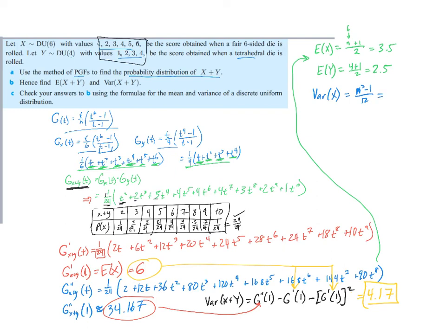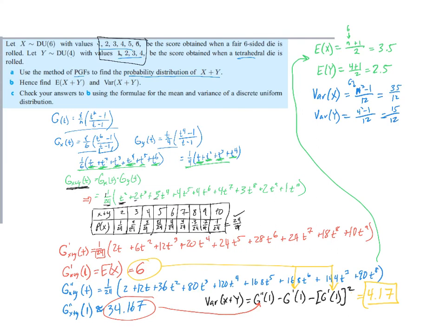Okay, we work that out, put the 6 in, and we should get about 35 over 12, because that would be 6 squared, 36, minus 1. Then we've got the variance of y, which is equal to, this time, 4 squared minus 1 over 12 still. And we should then get 15 over 12. Alright, that's an equal sign, not a negative.